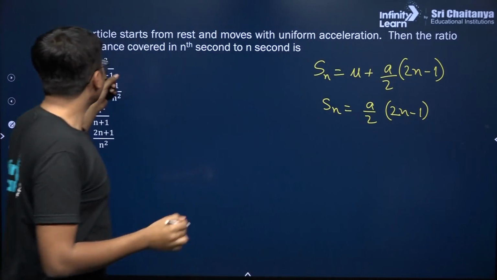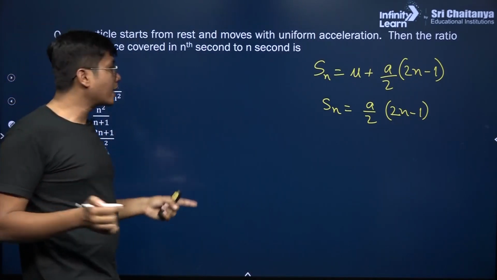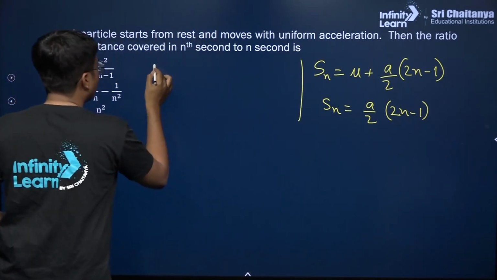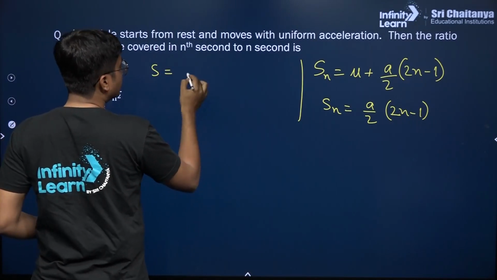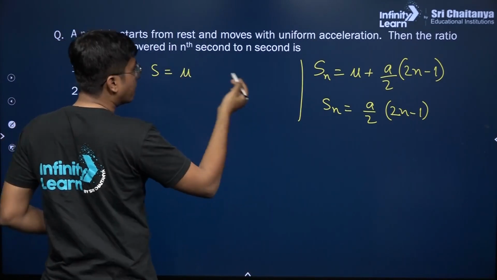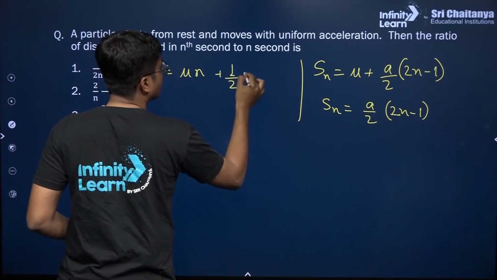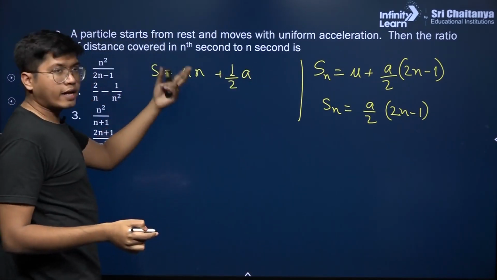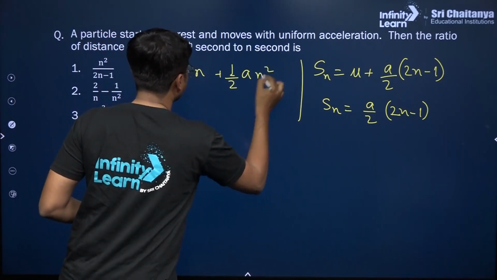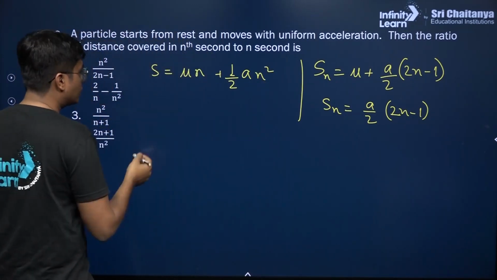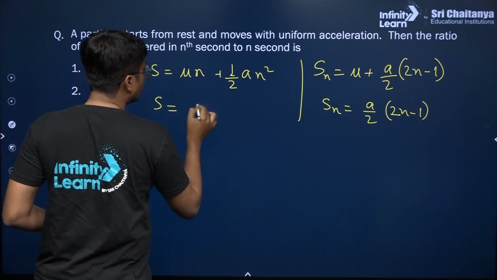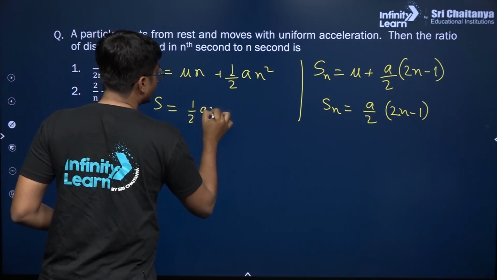And we also need what is the total distance covered in n seconds, and that is given by S is equal to ut plus half a t square. So u into the time is n seconds, so ut plus half a t square, t is again n, so half a n square. U is 0, starts from rest, so S is equal to half a n square.